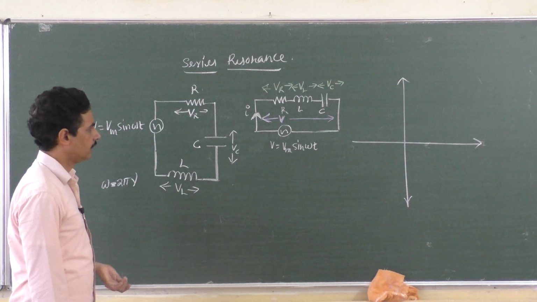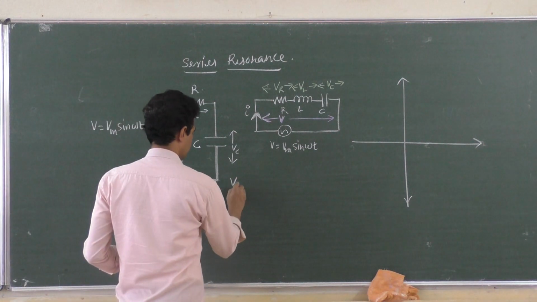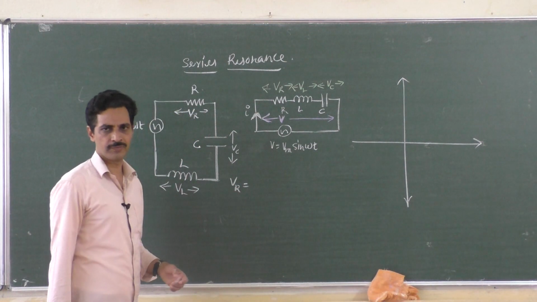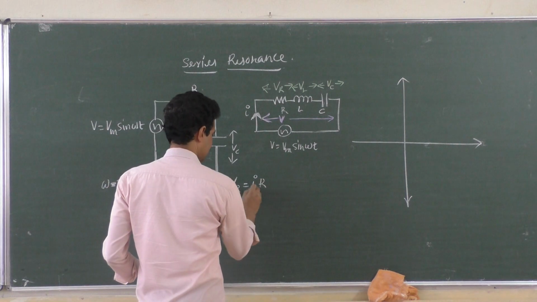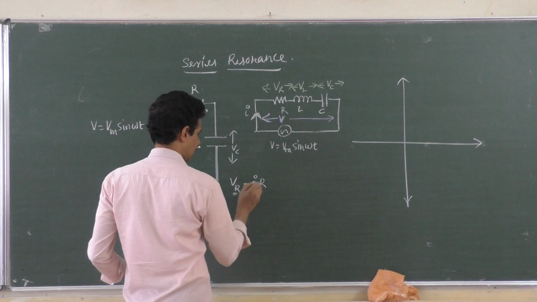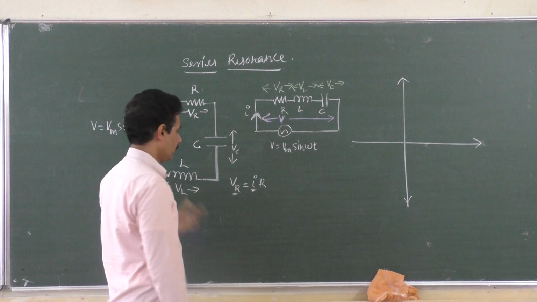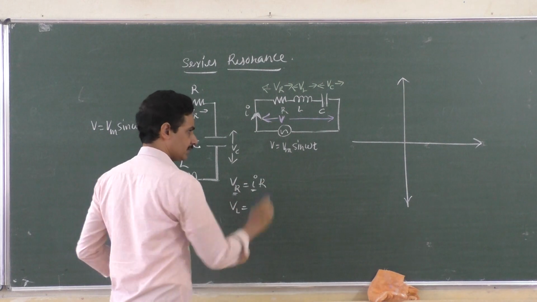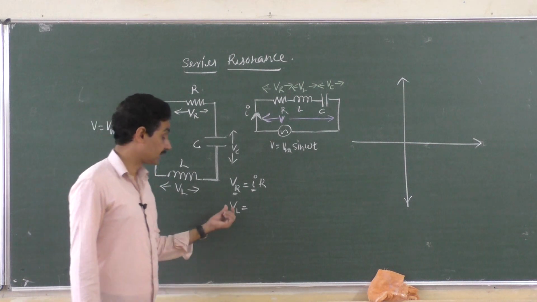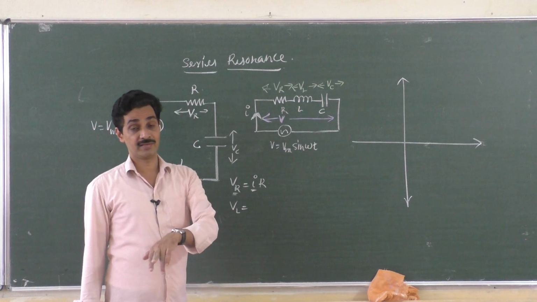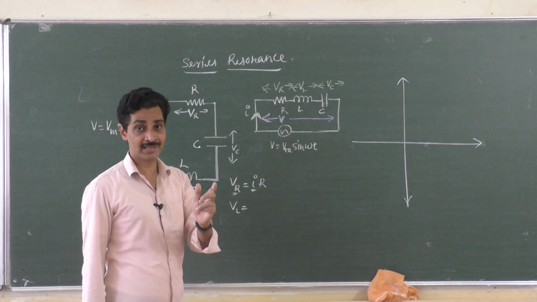Suppose you write VR numerically, the magnitude of voltage, then it should be I into R. What is I? The RMS value of current. If I is the peak value, then this is the peak value of voltage. What about VL? You know Ohm's law: voltage is equal to current into resistance. But for an inductor, it is current into reactance, because we call the opposition given by the inductor to the flow of AC as reactance.